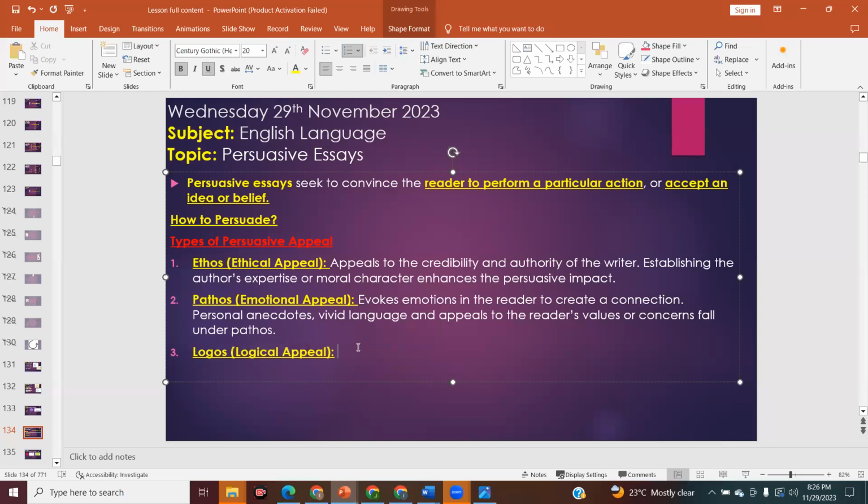They call it a logical appeal. So it relies on logical reasoning, right? And evidence to support the arguments.